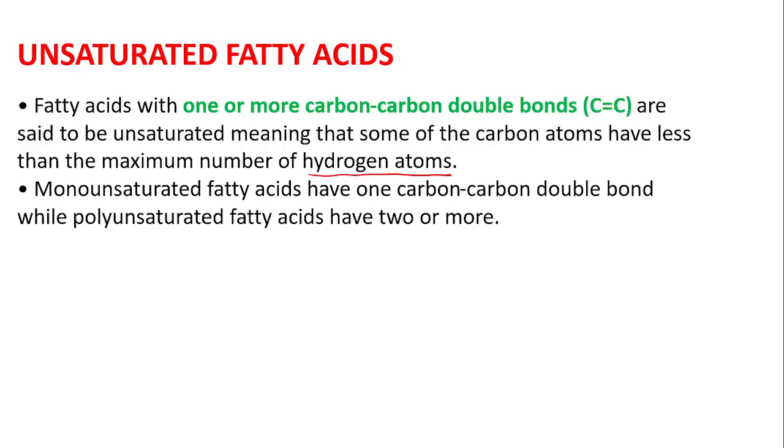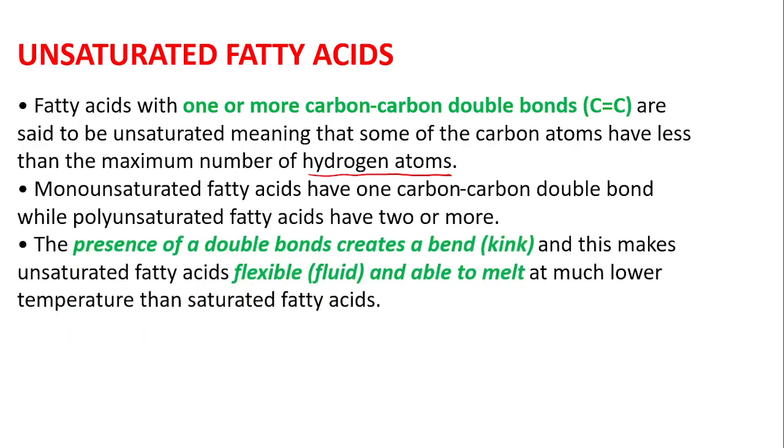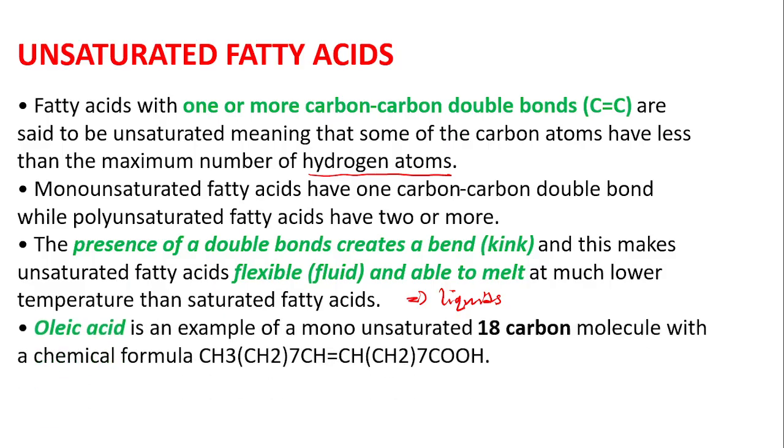I think in part 1 I explained that a bend is also known as a kink structure, and this makes them flexible and able to melt at a much lower temperature than the saturated fat acid. For this reason, these are normally liquids at room temperature.